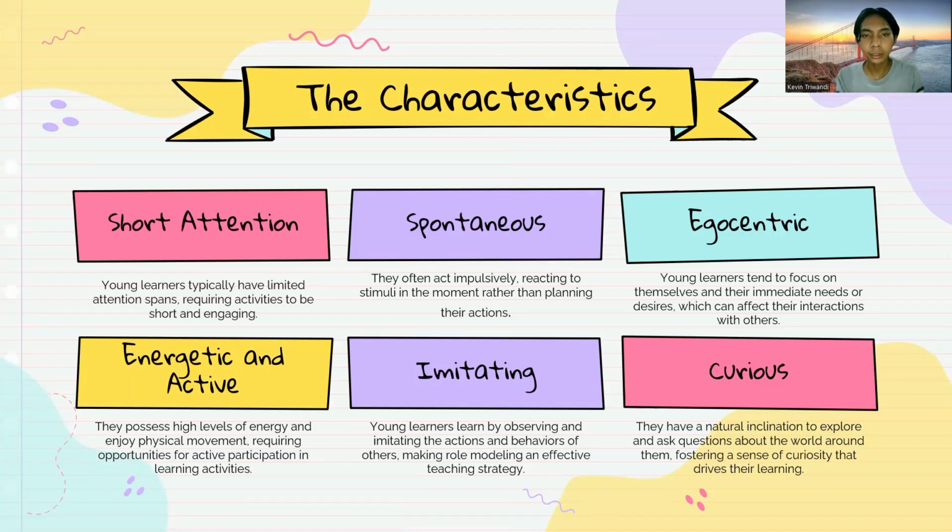And the third is egocentric. Young learners tend to focus on themselves and their immediate needs or desires, which can affect their interaction with others. In this characteristic, it can be described as selfish, I guess.